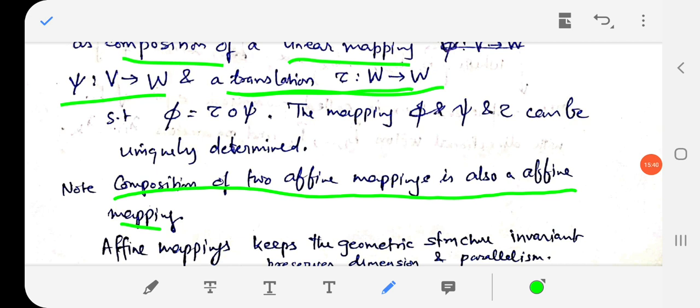I'm assuming that any affine mapping is a composition of a linear mapping and then a translation. So if I do first the linear mapping and then the translation, the composition also becomes an affine mapping. It is easy to prove. You can check how you can prove it.